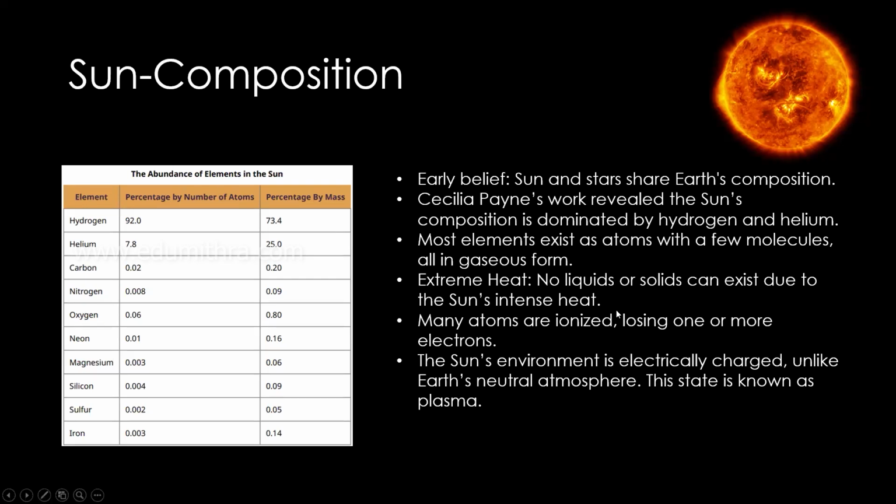And many atoms are ionized. Ionized means the atoms, as you've seen, have electrons, and those electrons will be removed due to the high temperature. When an electron is absent or missing from an atom, we call it an ion. So that is the case of the sun.